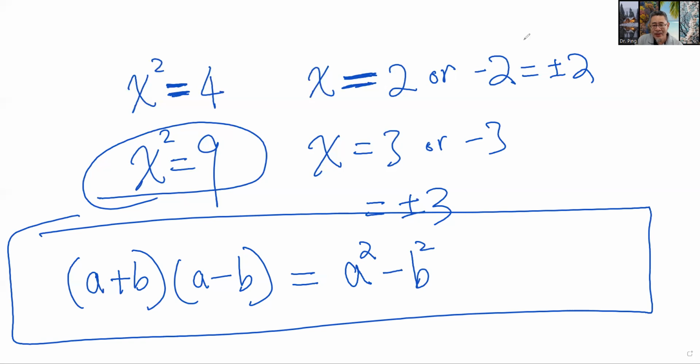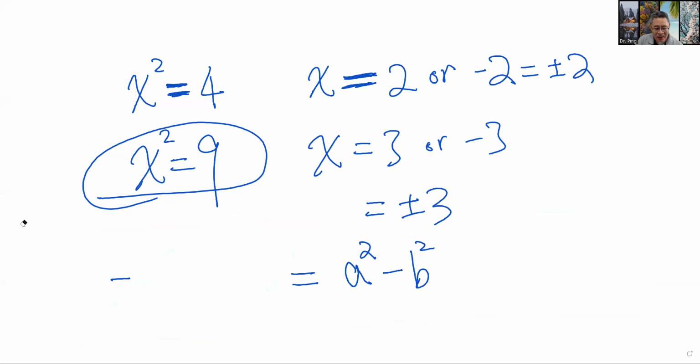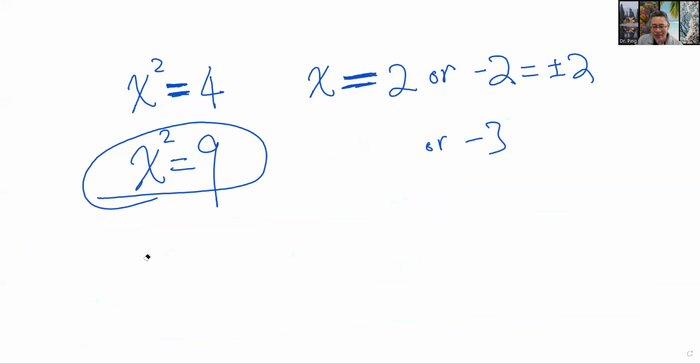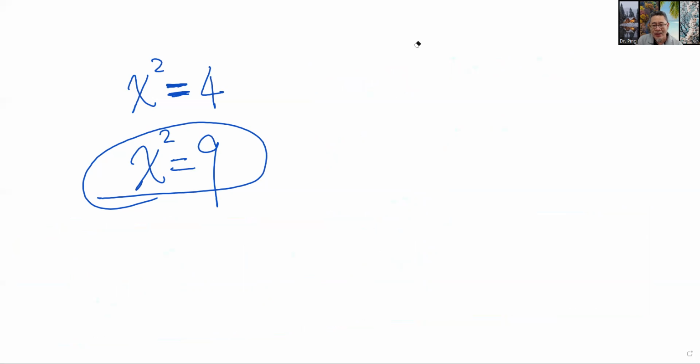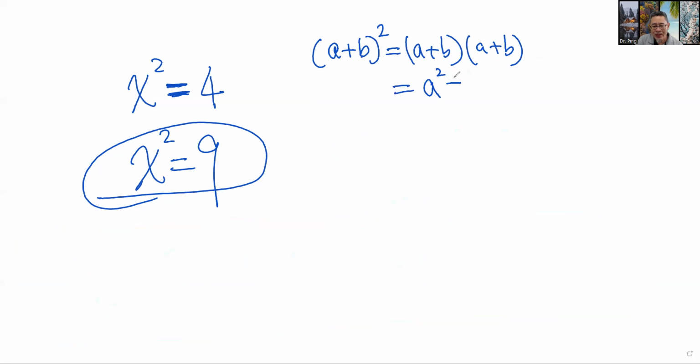Yeah, there are 3 identities that when you study algebra, you need to basically memorize. So I'm going to write it again. One is this, (a plus b) squared, which of course is (a plus b) times (a plus b). And that gives you a squared plus 2ab plus b squared.